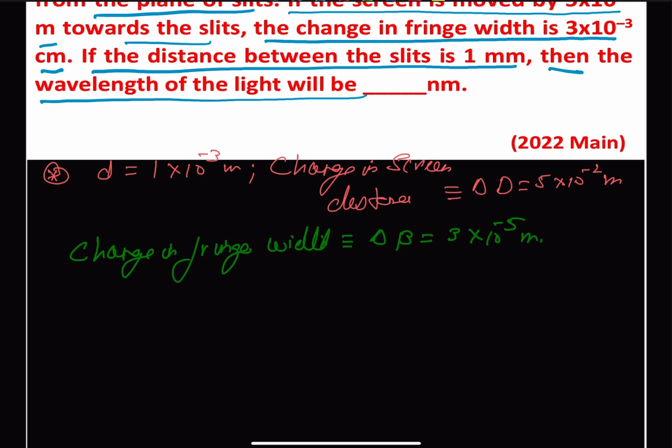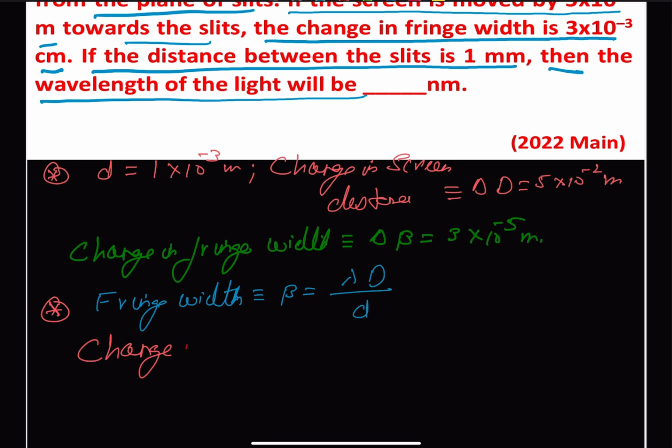And we already know the standard formula, that is the fringe width beta is equal to lambda capital D divided by small d, and from here we can say change in fringe width, that is our delta beta, will be equal to lambda delta capital D divided by small d, and we need to find out the wavelength.